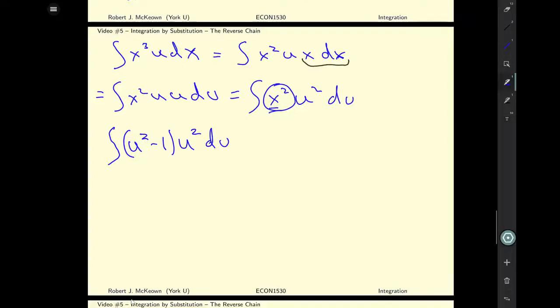I got this product on the right-hand side, but I can work through it and open up the bracket.